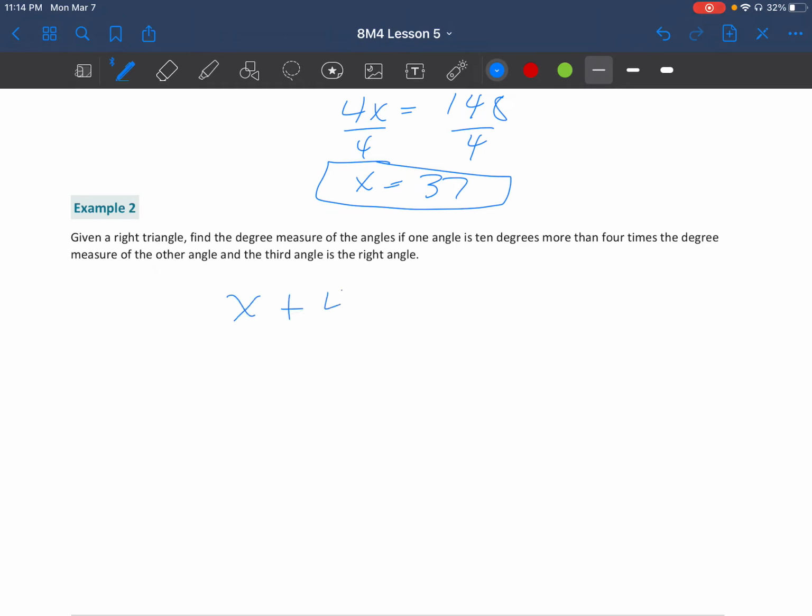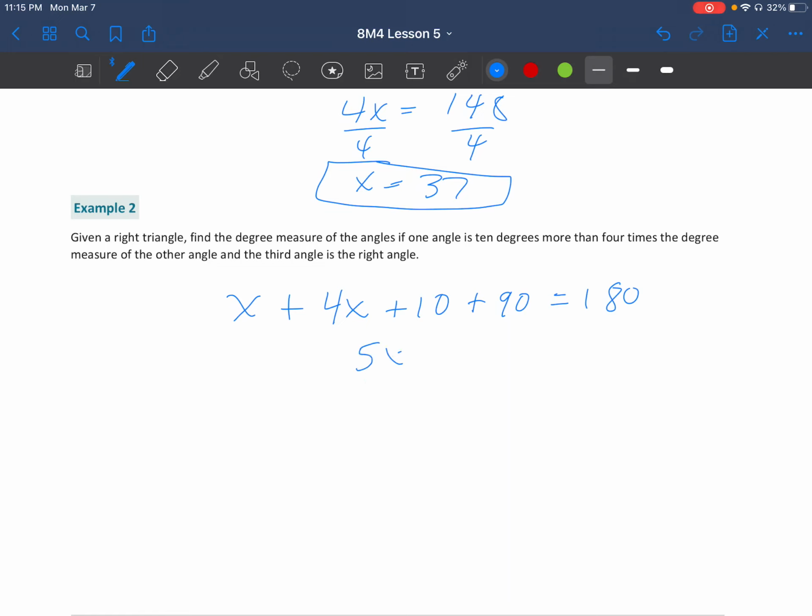All right, so here was what we have. So we have x plus 4x plus 10 degrees. And then we have the 90 degrees, which is plus 90. And all of this is equal to 180.